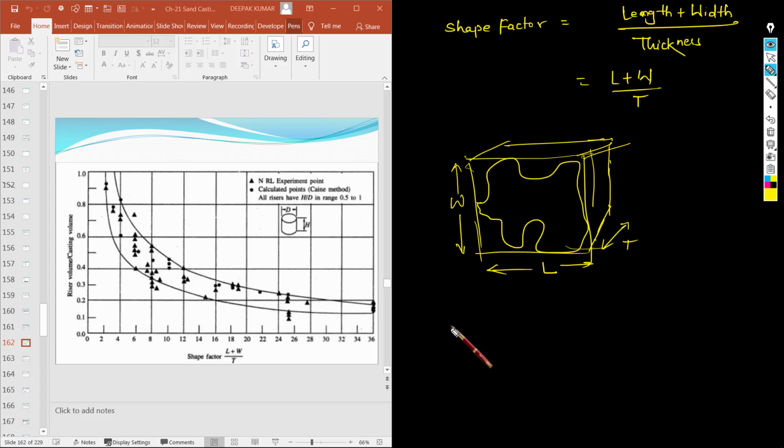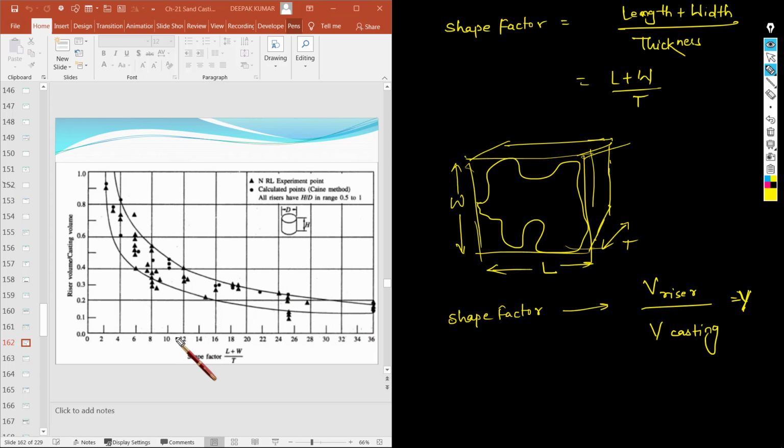Here from the shape factor we got the shape factor, and from here we can calculate volume of riser divided by volume of casting. That is the volumetric ratio. This can be calculated from shape factor.